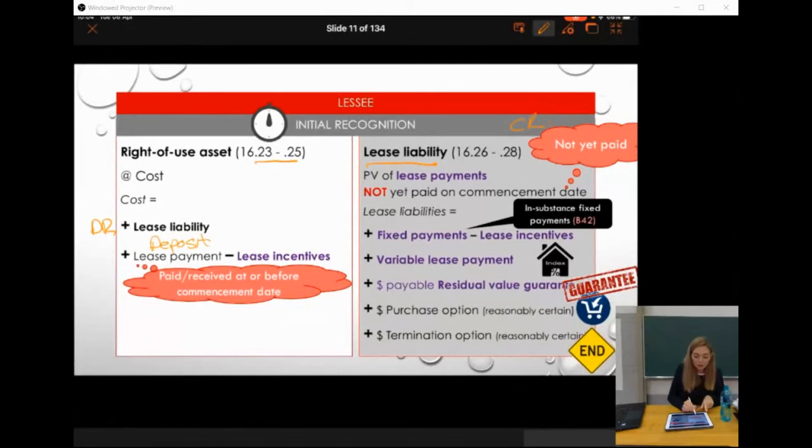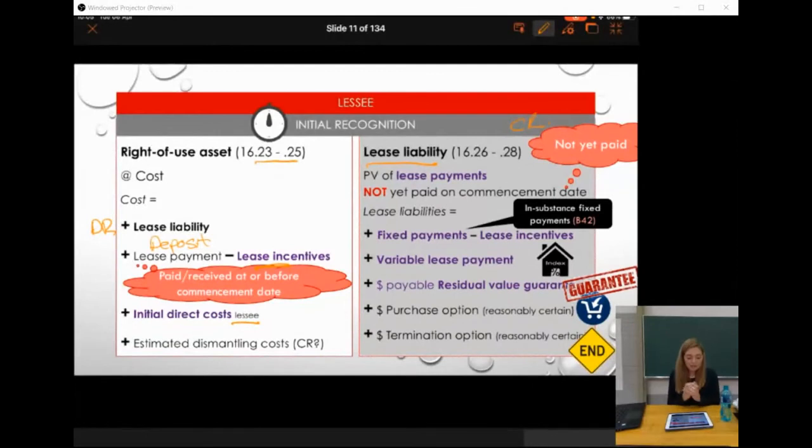So we are going to credit bank where we've paid the deposit and debit the right of use asset. And the other way around for the lease incentives that have already been received. Okay, as well as any initial direct costs of the lessee. So again, we are going to credit bank, and the debit will go to the right of use asset.